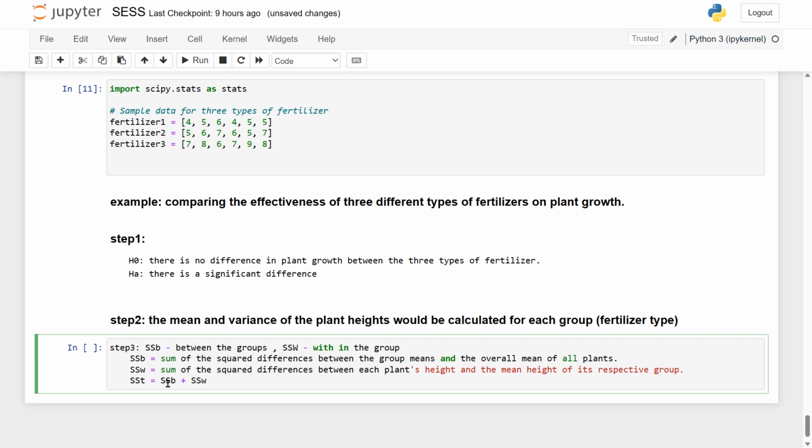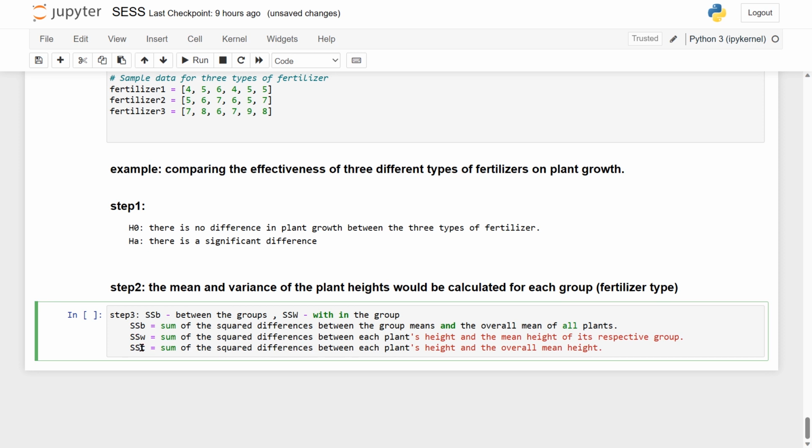The total variance is calculated as the sum of the squared differences between each plant's height and the overall mean height. So in total we have SSB, SSW, SST.